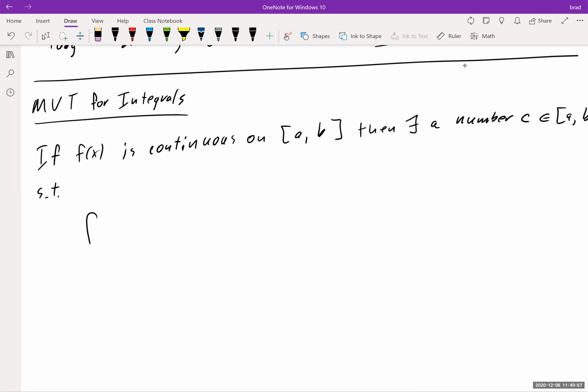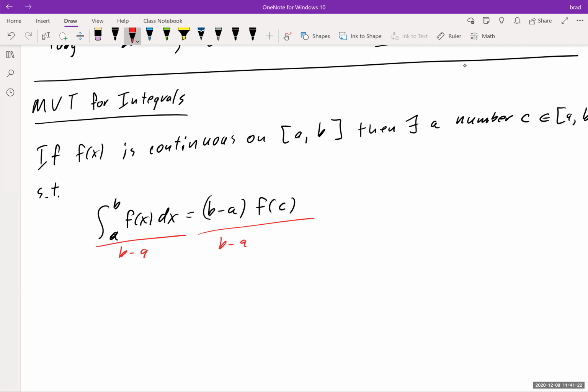the integral from a to b of f of x dx equals b minus a times f of c, okay? But if you think about this, if I divided both sides by b minus a, this is the same as saying 1 over b minus a times the integral from a to b of f of x dx equals f of c.